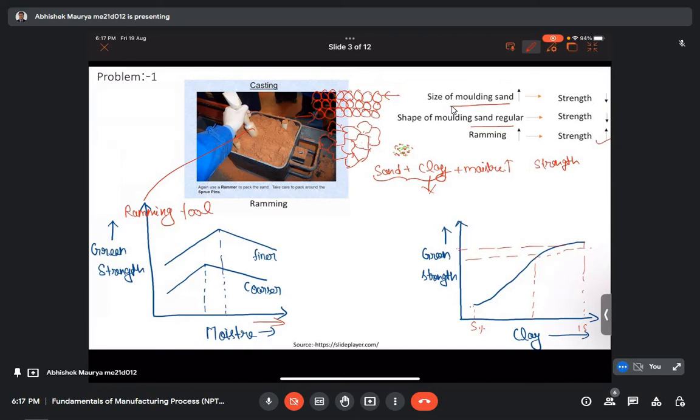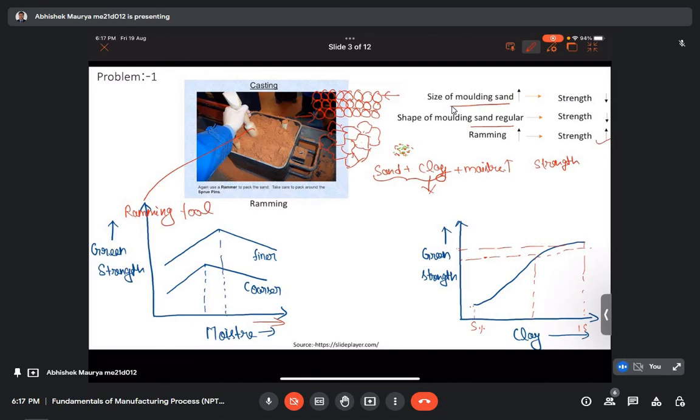So this is the trend of how the green strength increases with the addition of clay. Initially it increases rapidly, but after a certain point it saturates.